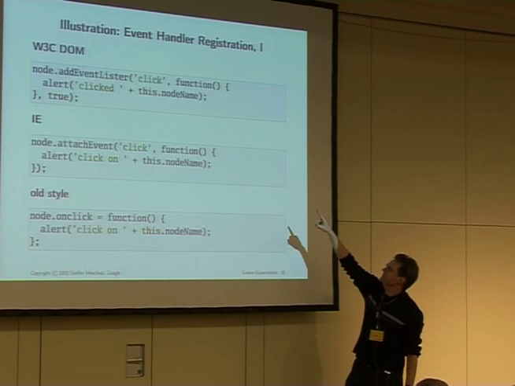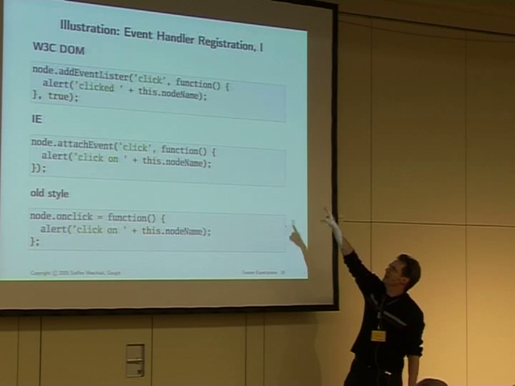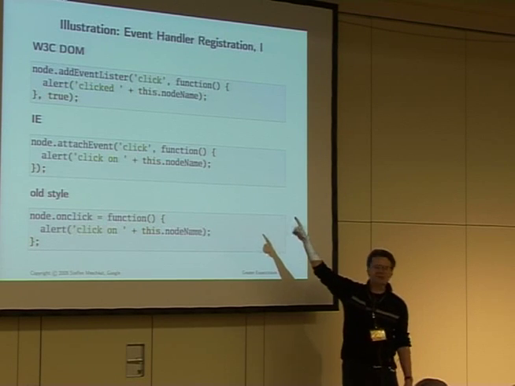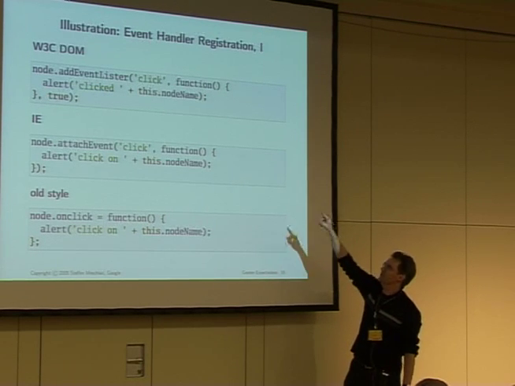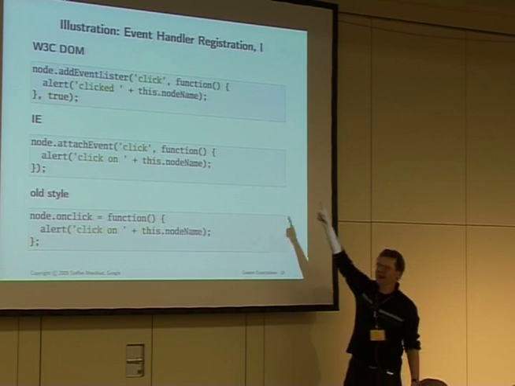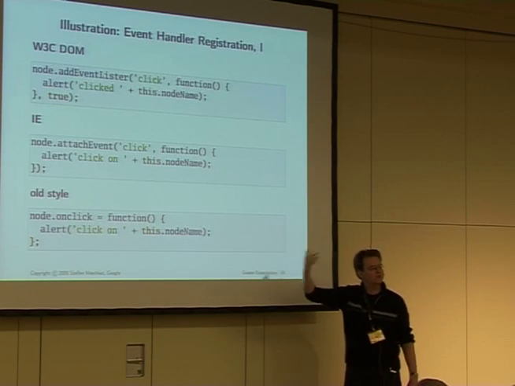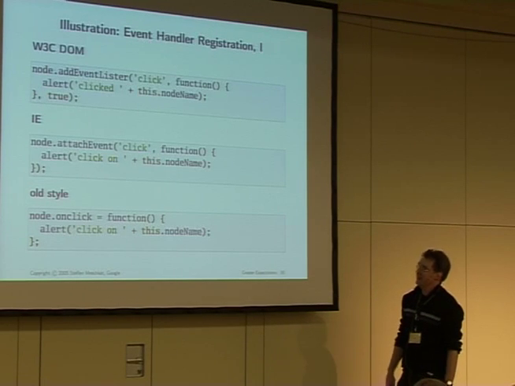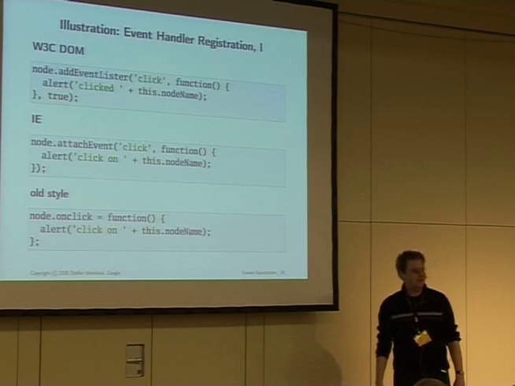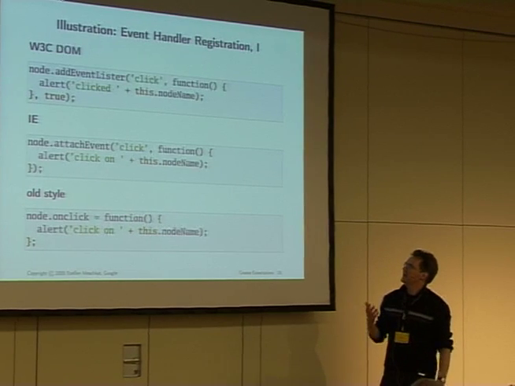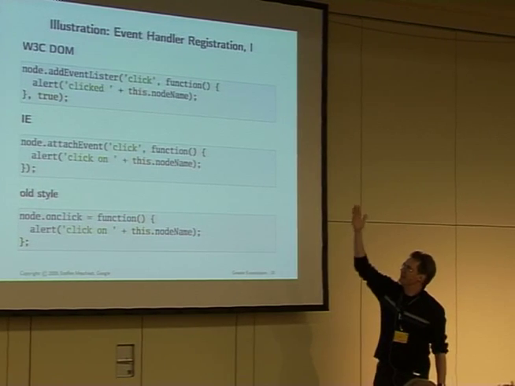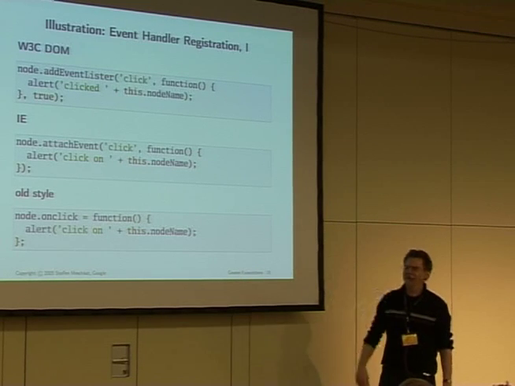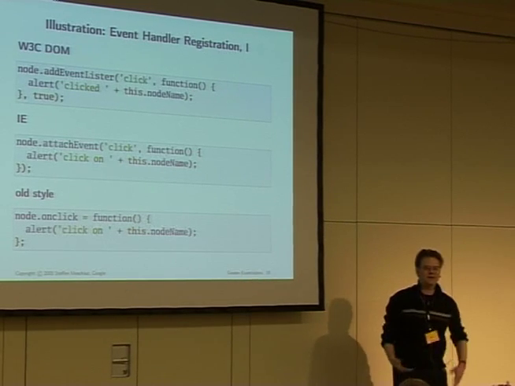Interestingly, this is how it looks to create dynamic functions in JavaScript. You have just this function keyword, and at this point, when this expression is evaluated, it creates an object that is a function which can later be called. Anyway, these 3 ways exist in order to register a function as an event handler on an element in different browsers.